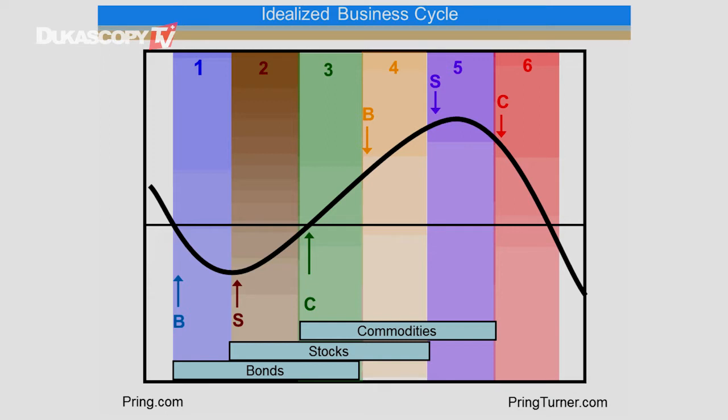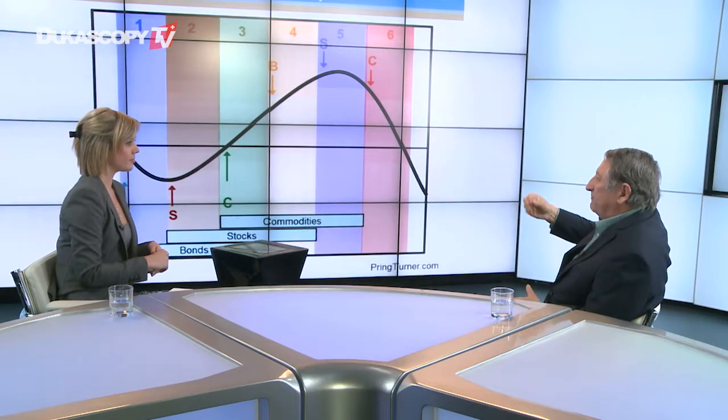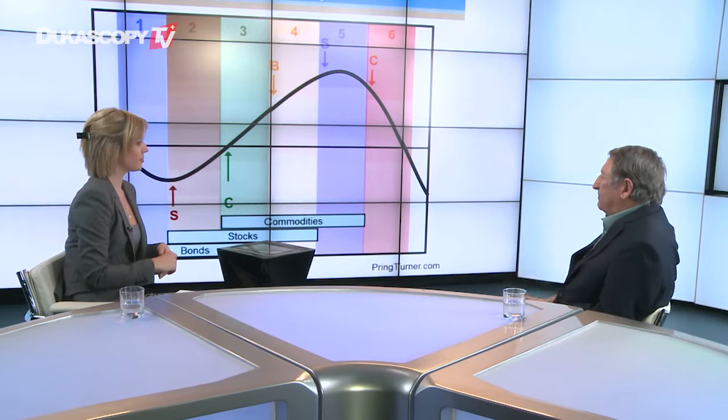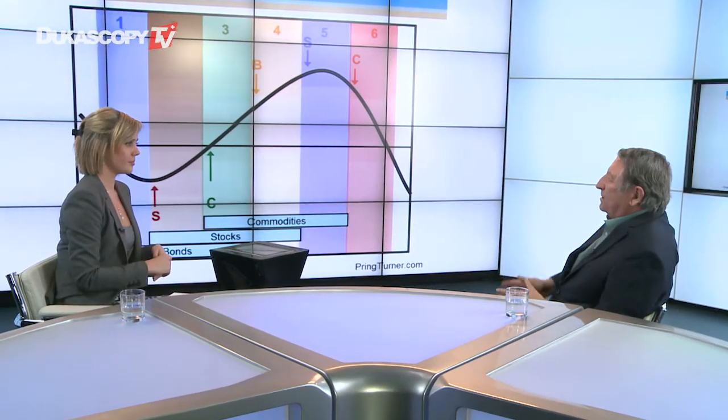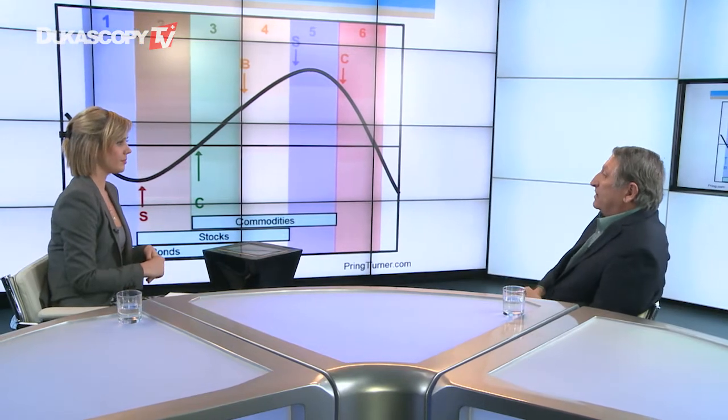The other end of the spectrum, stage 5, where the stocks peak at the top, the only game in town is to own commodities or lagging stocks, which tend to be resource-based stocks. So that's how you allocate your assets depending on the stage. And we have models for each of these markets to help us identify which stage we're at in the cycle.